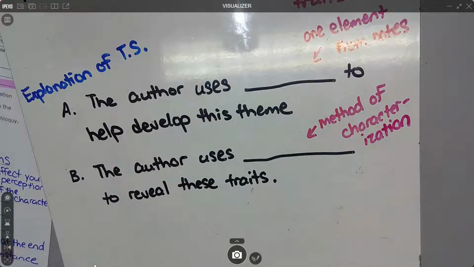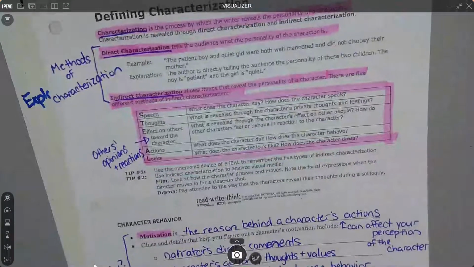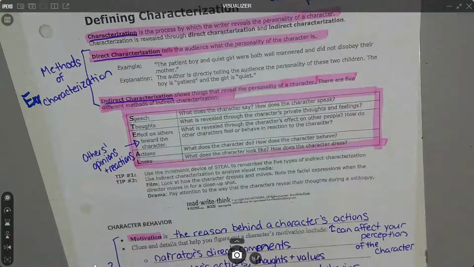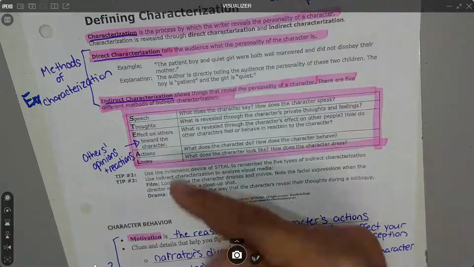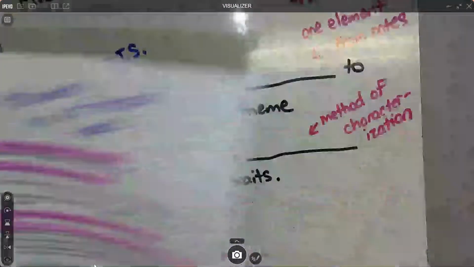Okay, so if I look at my notes, you can see we have direct characterization as a method, and then we have speech, thoughts, effect on others toward the character, and actions and looks. Those are our options as far as what we could put in that blank.